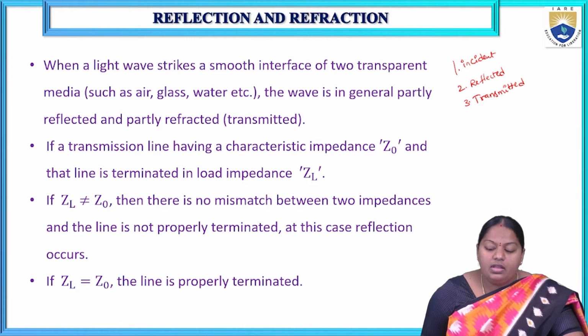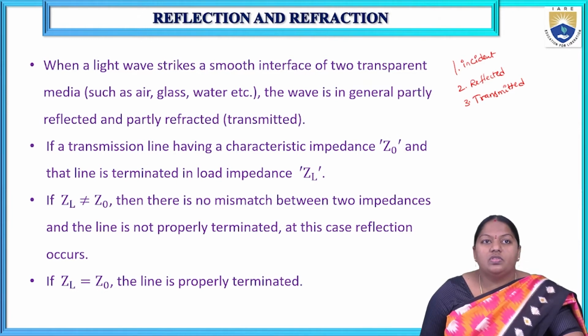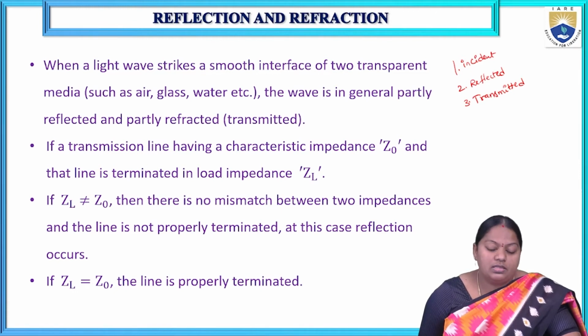Waves transport energy from one place to another, or send information from source to destination. We consider the incident wave. When it strikes the boundary, part of the incident wave is reflected back to the same medium, and part is transmitted to the next medium.